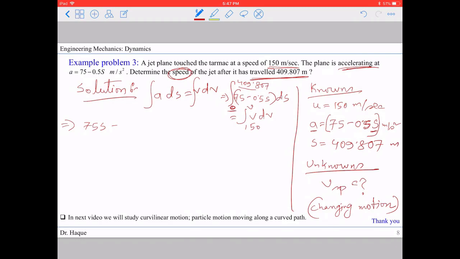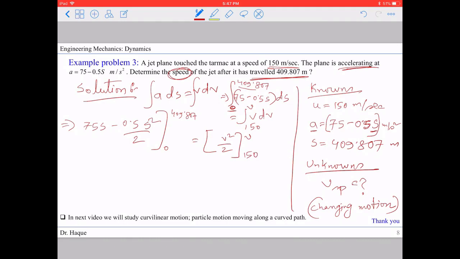If we do the integration, we see 0.5 s squared over 2, and the limit is from 0 to 409.807. On the right hand side we get v squared over 2, and the limit for v is from 150.